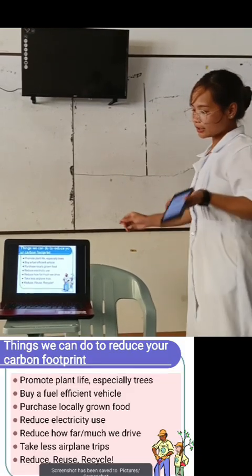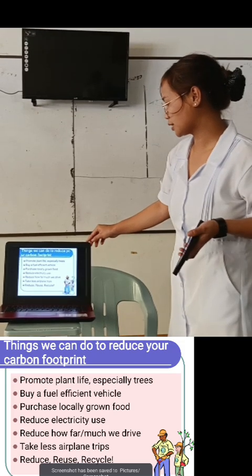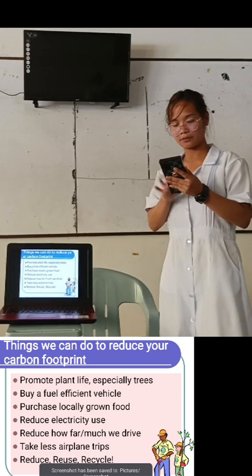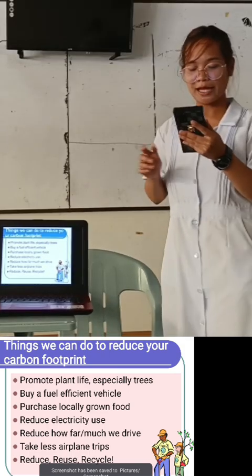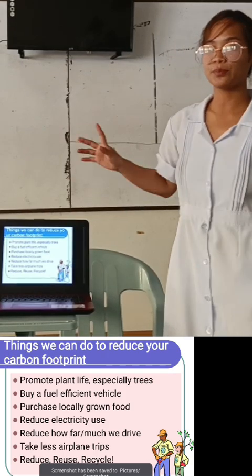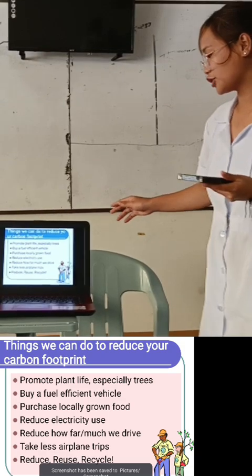So, things we can do to reduce your carbon footprint. So, first, we have promote plant life, especially trees. So, kailangan natin magtanim ng mga daming puno. Next is, buy a fuel efficient vehicle.